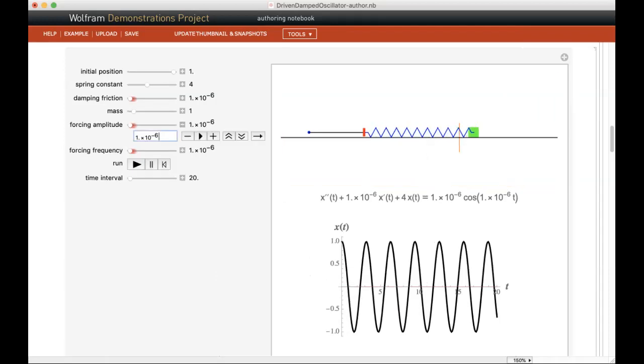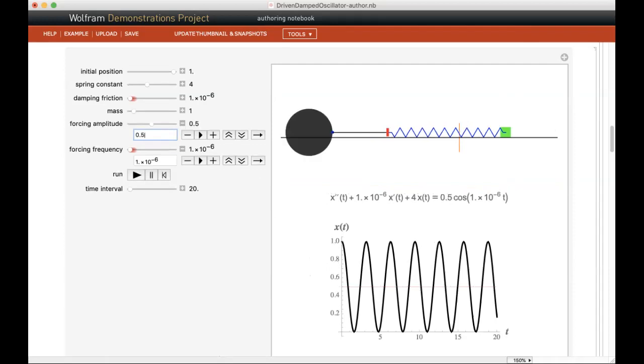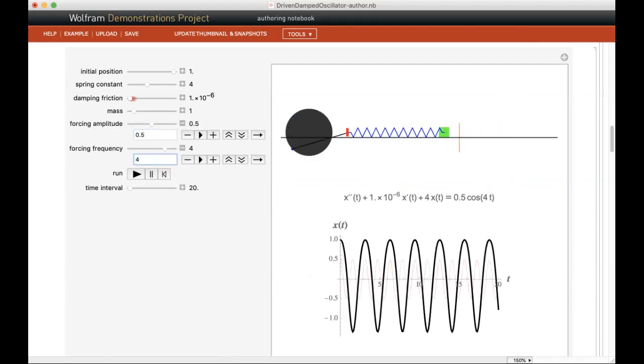So I'm going to set the forcing amplitude to be 1/2 and the forcing frequency to be 4. And when we do that, we now see that we're adding an external force. The other end of the spring is connected to this red wall, which is now moving around, and that changes the dynamics of the system.